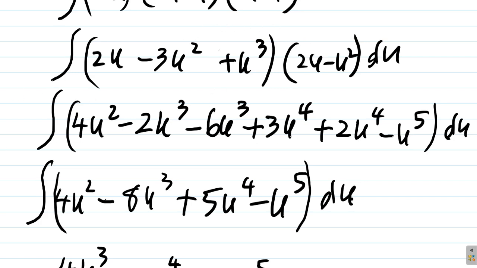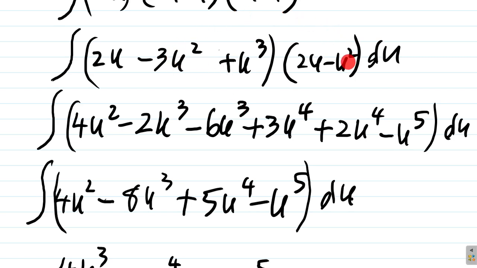Let's just check back up here. 2 times 2, you have 4u squared. 2 times negative u squared gives you negative 2u cubed. Negative 3 times 2, negative 6u cubed.